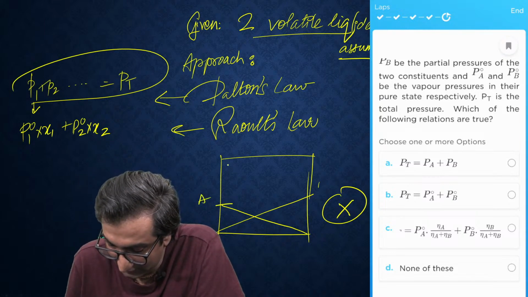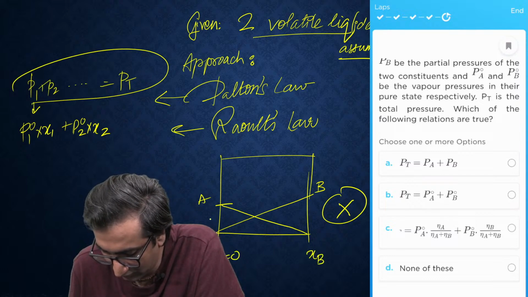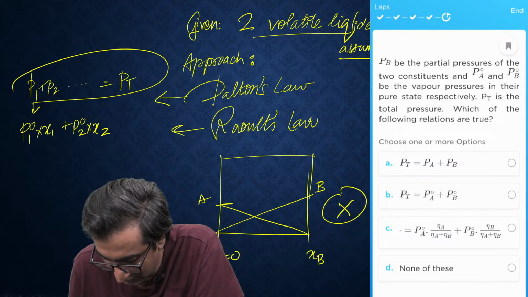Say this is A, this is B, so this is XA equal to 0, this is XB, नहीं उल्टा लिख दिया मैंने, XB equal to 0.